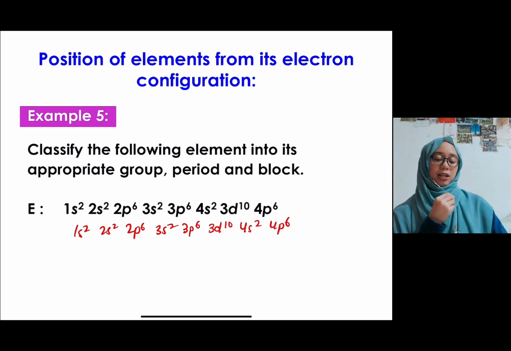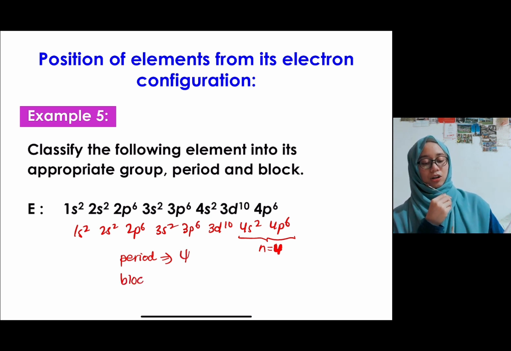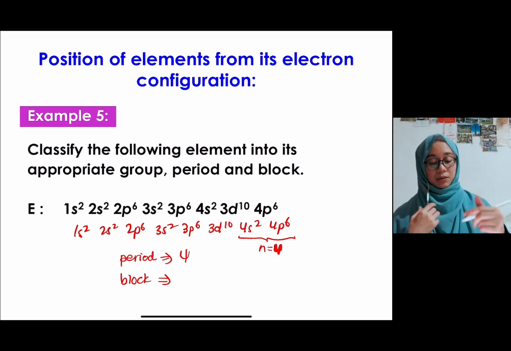Okay, and then kita cari dahulu period. So period, kita dapat period 4 sebab n equals to 4 yang paling besar kat situ. So period 4, and kita tengok kepada block. So kita isi P last sekali. Okay, the 4P adalah last sekali, therefore it is in P block.